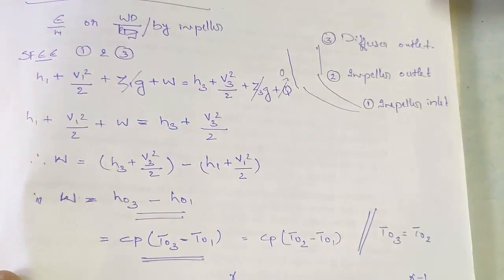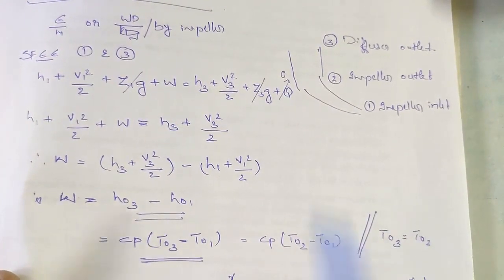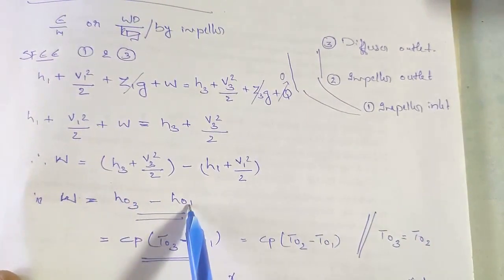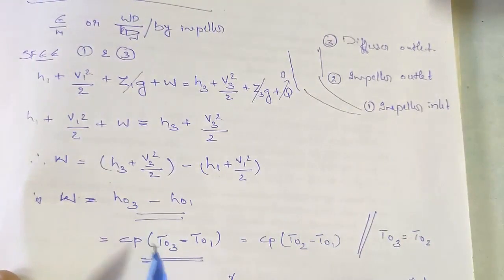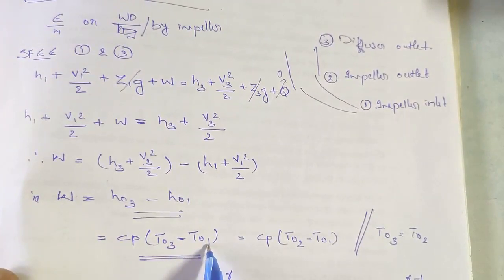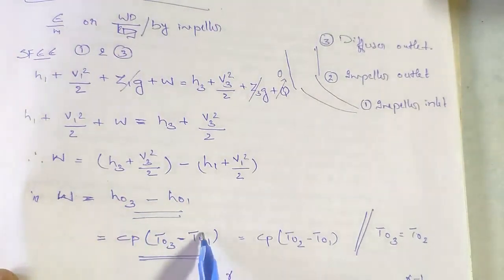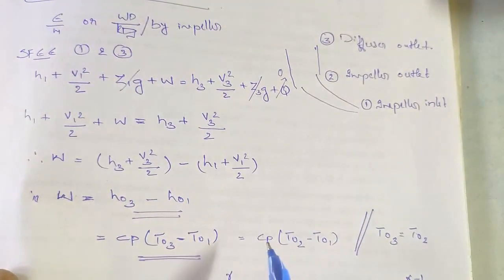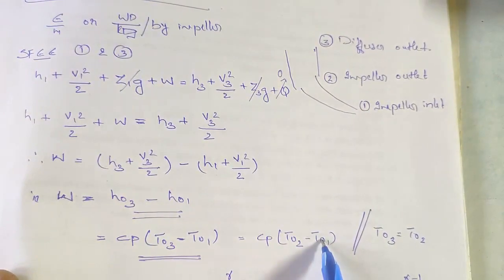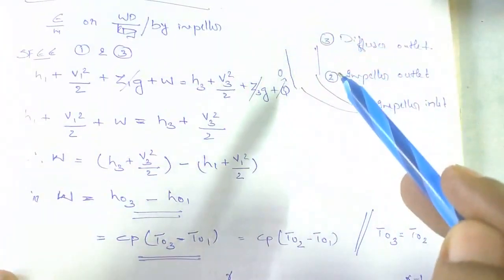So we have another expression for work done, which is equal to H03 minus H01. In terms of temperature, it will be Cp into T03 minus T01. That can be equal to Cp into T02 minus T01 because T03 and T02 are the same.